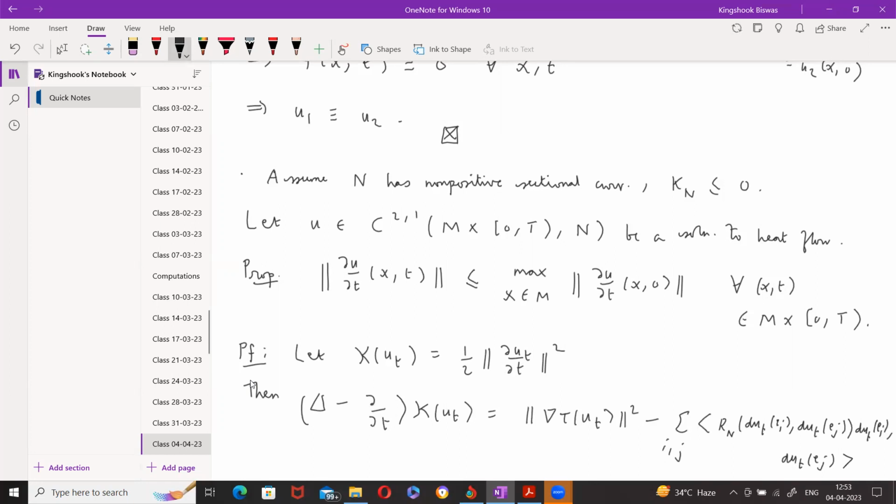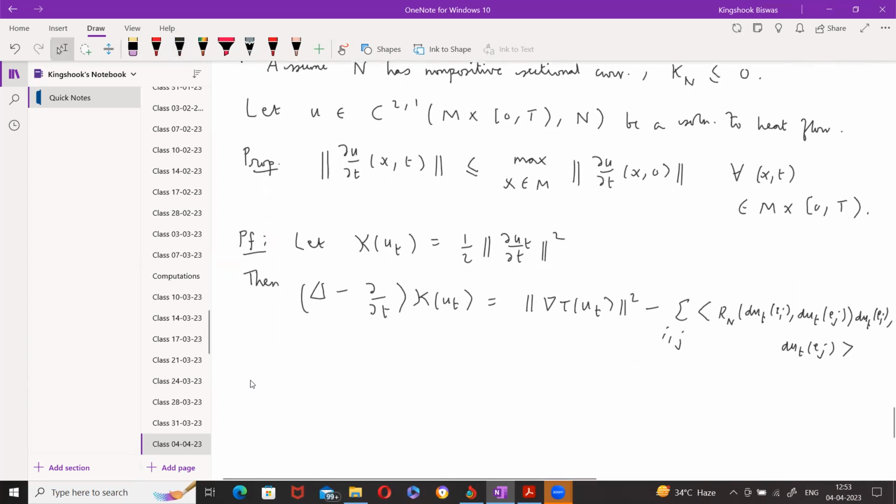This computation we've already done. This term minus this will be greater than or equal to 0 because the sectional curvature of N is less than or equal to 0, so the whole thing will be greater than or equal to 0.